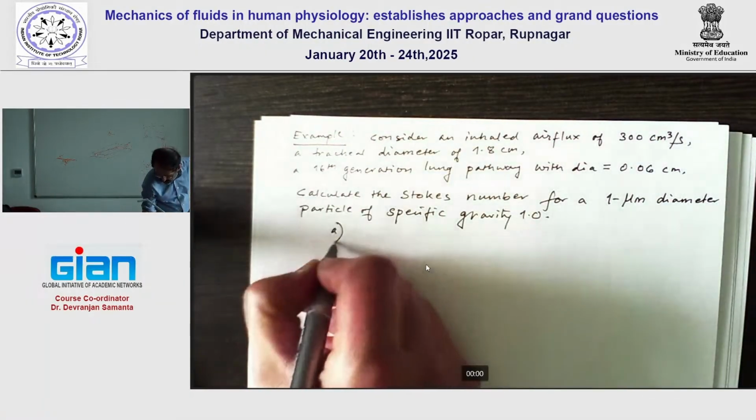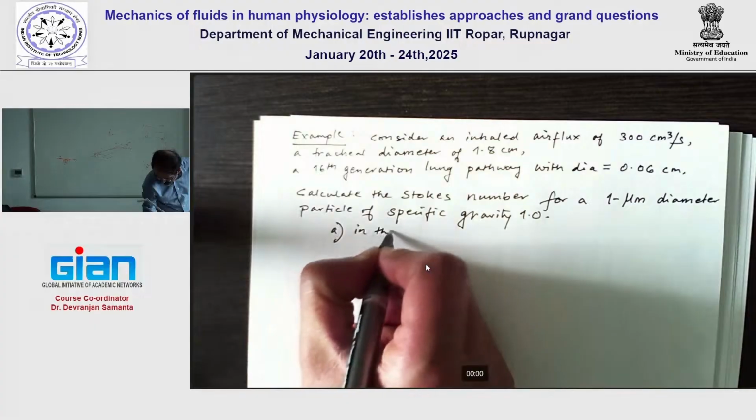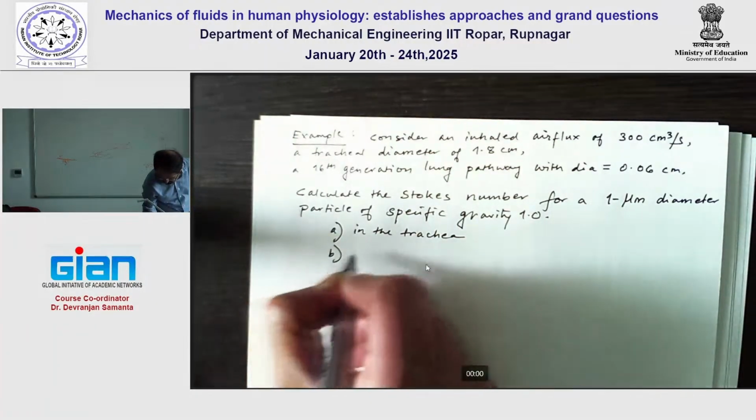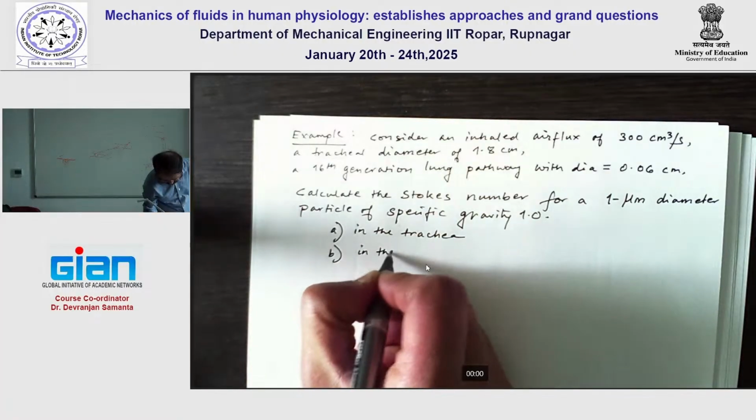So calculate the Stokes number in the trachea, in the 16th lung generation.